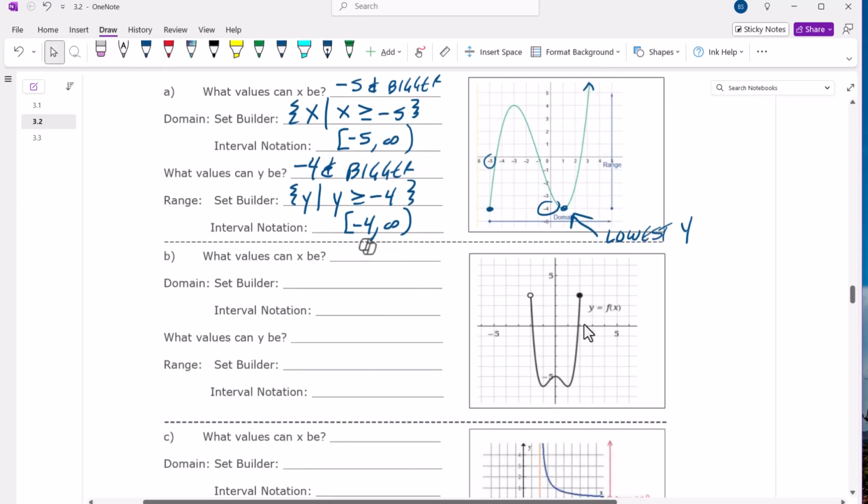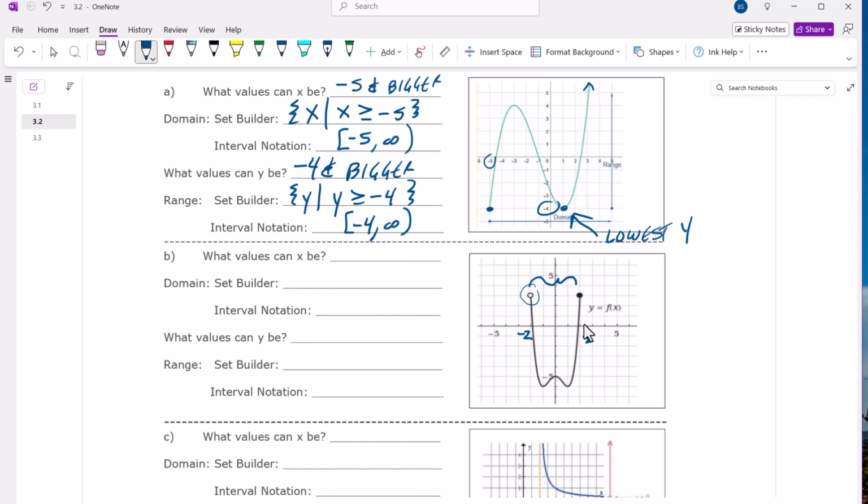Okay, so x is just a measurement of left and right, y is a measurement of up and down. So on this one, it looks like x is going from -2 to 2. It's going from there to there, but that's a hole there.